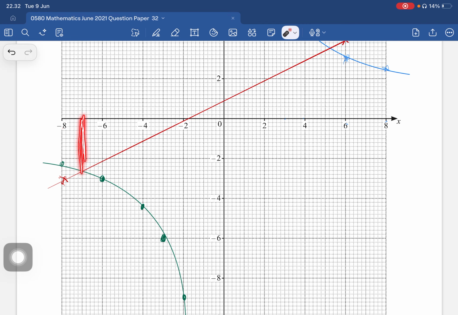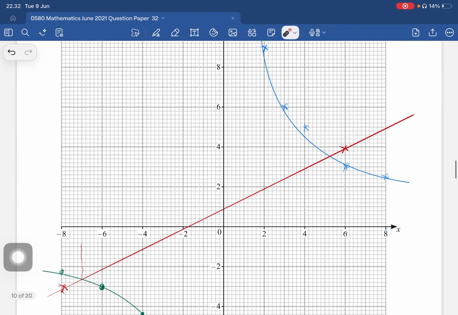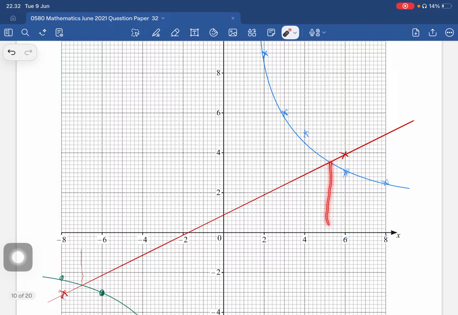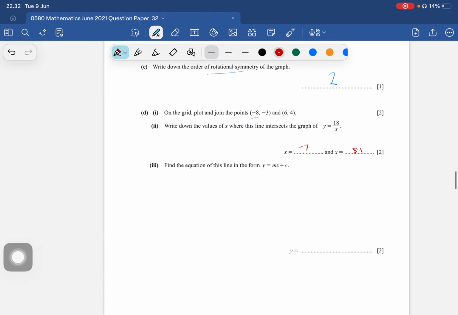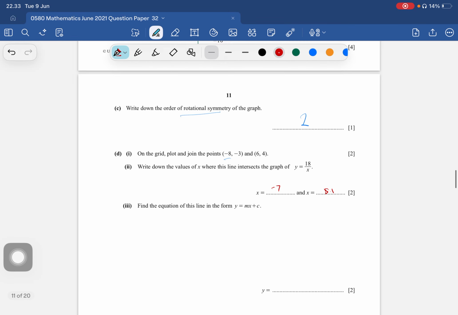So x equals negative 7 and x equals 5.1. So we can write x equals negative 7 and x equals 5.1.